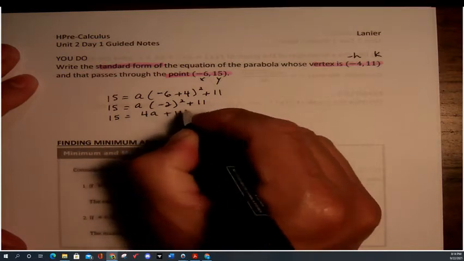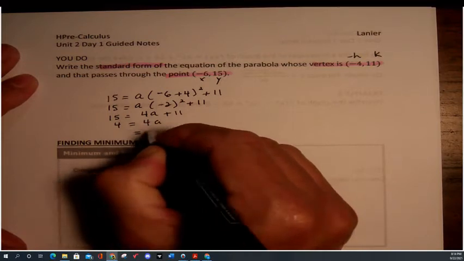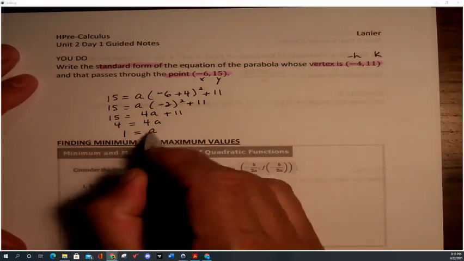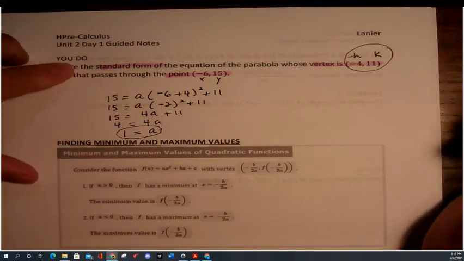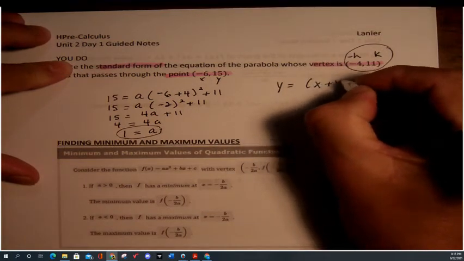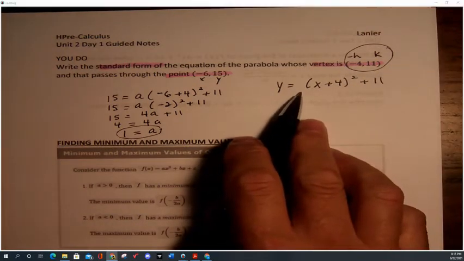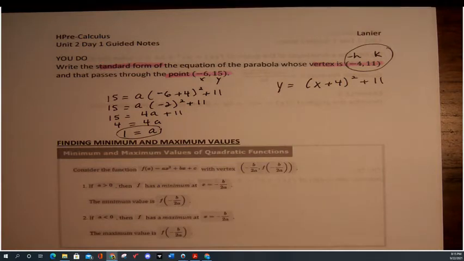Subtract the 11 from both sides and divide by 4. So this time I have a value of a equal to 1. Again, we're putting this value and our vertex into our standard form equation. Notice I did not write the 1. Okay, so that is the correct answer for that problem.